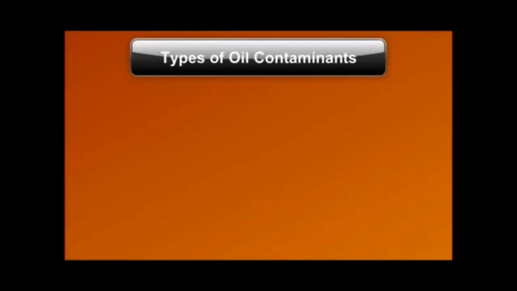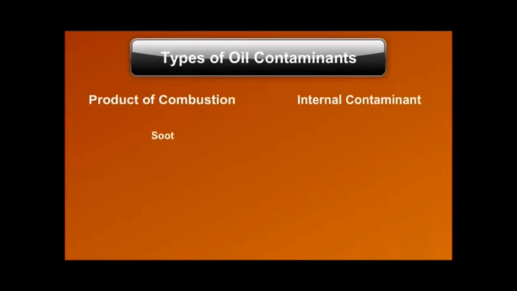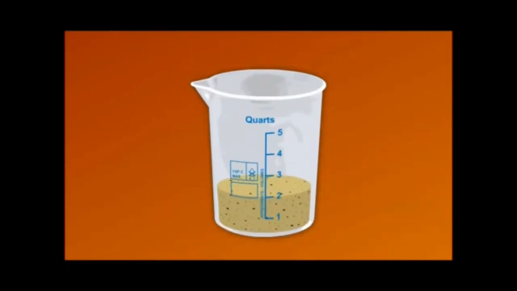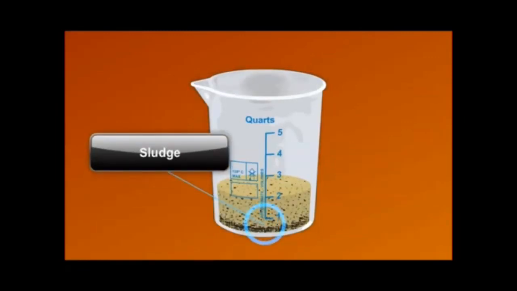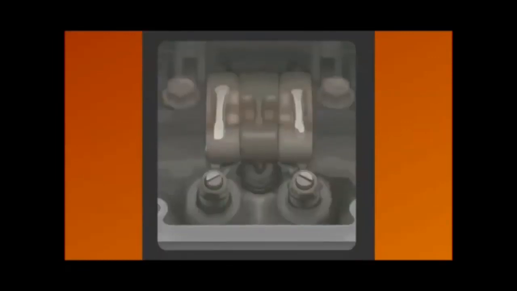Contaminants may be the product of combustion or an internal component. Combustion contaminants include soot, carbon, particulates, unburned fuel, and water when oil remains in the engine too long. This contamination overloads the oil and forms a coating called sludge. Sludge covers internal engine parts, blocks the return path to the oil pan, and reduces lubrication performance.